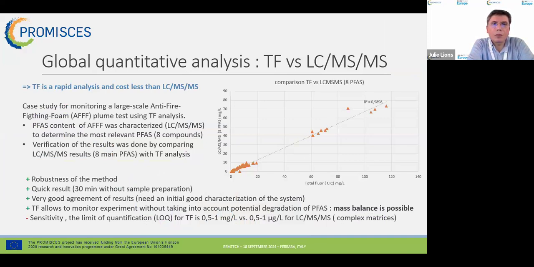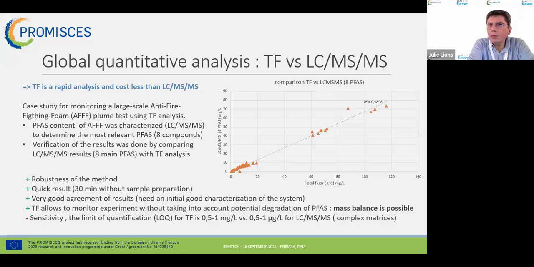So we have applied this TF method in a case study where we are monitoring a large-scale anti-firefighting foam plume, to monitor the time of migration of this fluoride within this pilot.